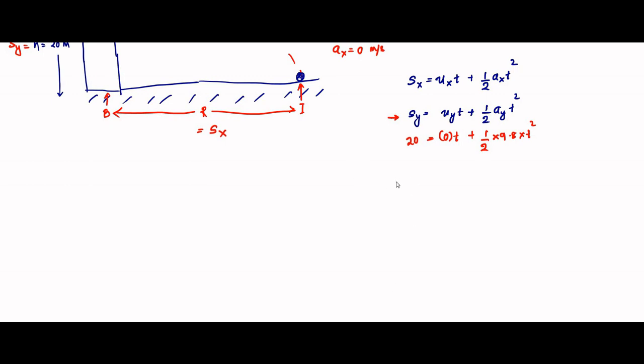That implies 1/2 into 9.8 into t square is equal to 20.